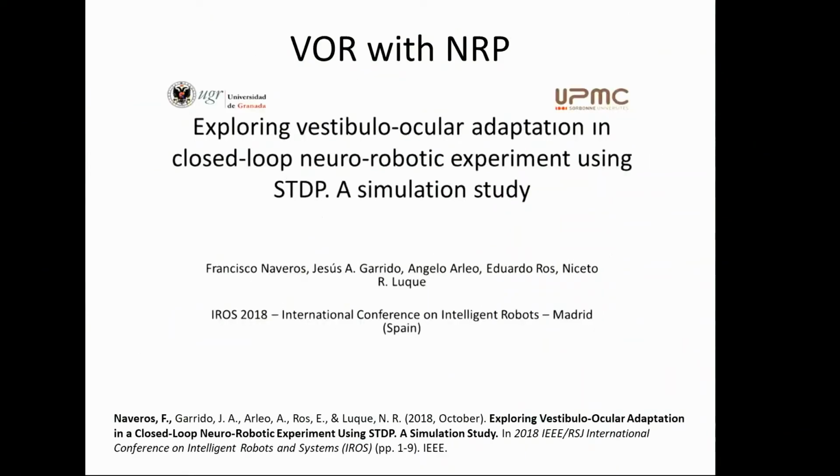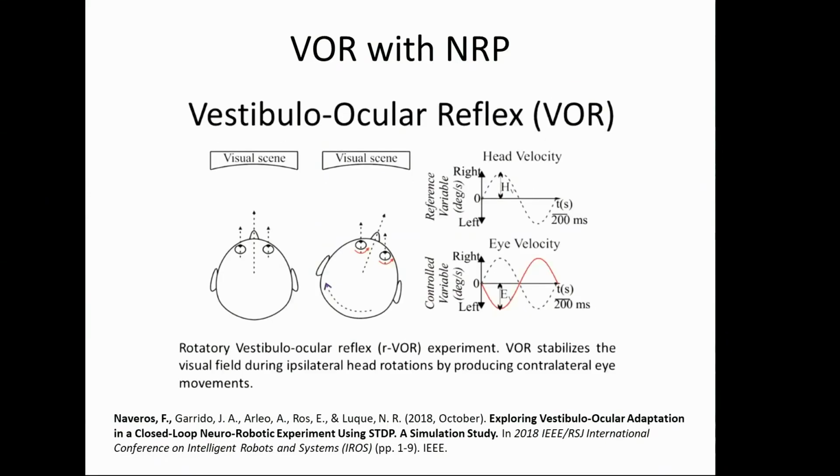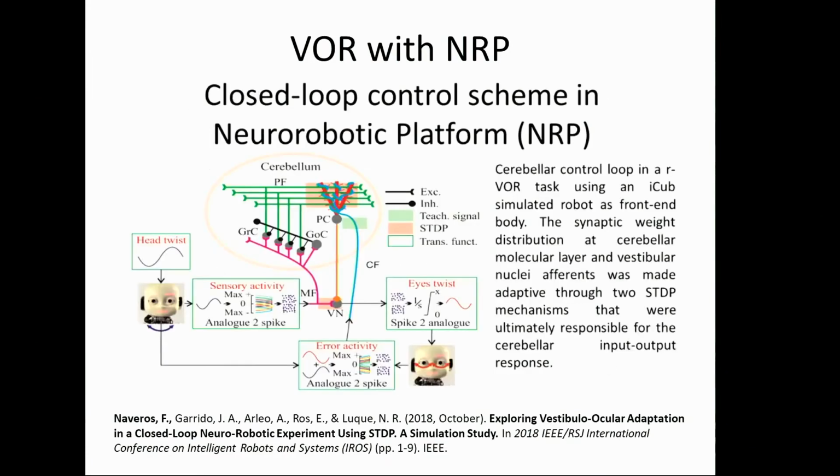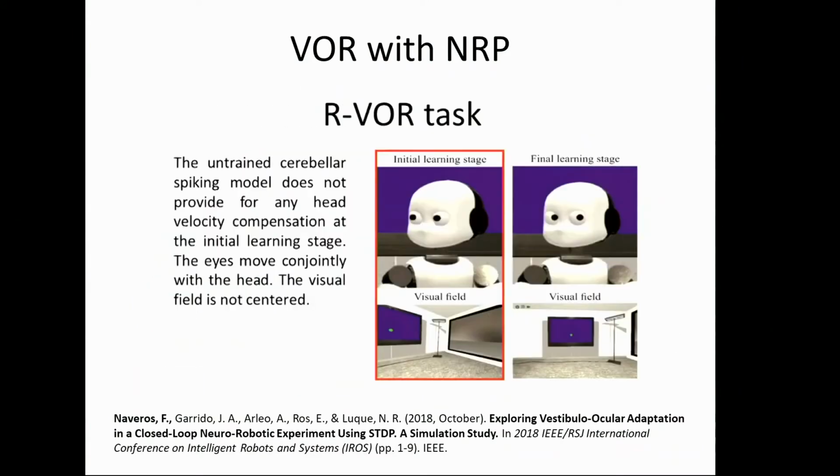Well, this is the first demo that I'm going to show. This is the VOR experiment with the Neurorobotics Platform. So in the VOR, the cerebellum compensates the head movement. Here is the closed-loop control scheme implemented, the spiking cerebellar model and the transfer function with all the analog functions.